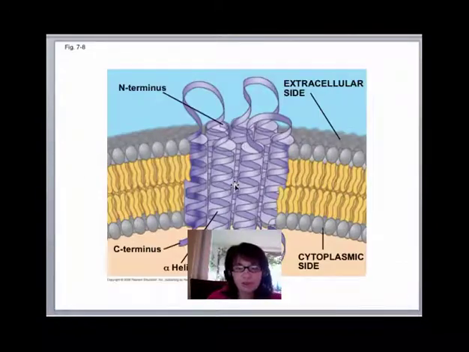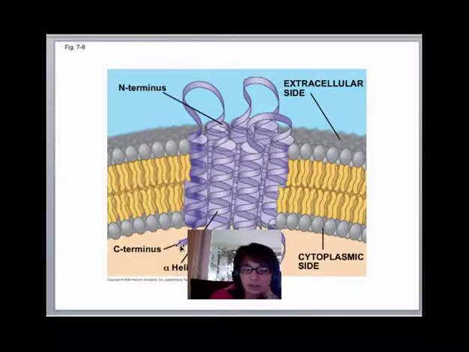Additionally, they find that most of the proteins that we're going to talk about that act as facilitators to move things across have this multi-alpha helix spanning thing. So this has 7 different barrels of alpha helices, and they're called 7 spanners in the logo. So basically, here's the beginning of the protein, the N terminus makes alpha helix connected to a loop, another alpha helix connected to a loop, alpha helix, and so on.